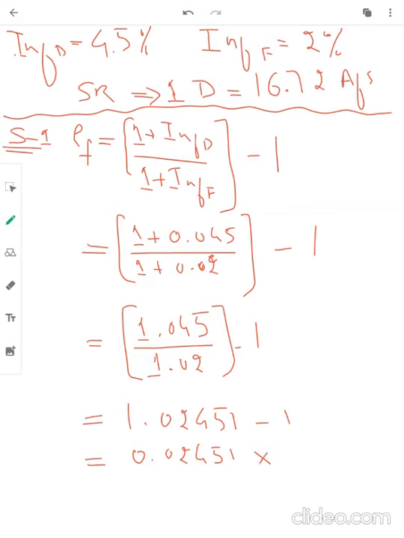And as in the start I told you that if I multiply it with 100, it's going to give me a percentage value which will be 2.45%, and this is a positive answer, which means that the change which is represented by E in the foreign currency will be that the foreign currency will increase its value by 2.45% as compared to the domestic currency. So we got the expected change.